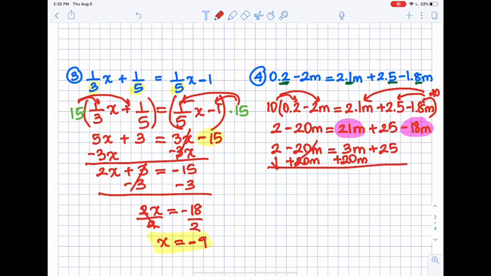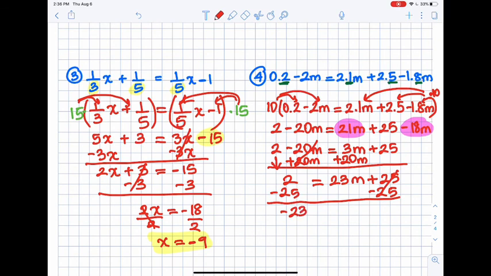And bring down 2 equals 23m plus 25. The next step is I'm going to undo this addition. I'm going to subtract 25 from both sides. And I will have negative 23 equals 23m.